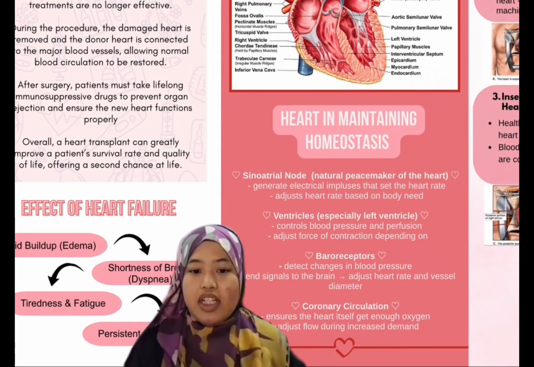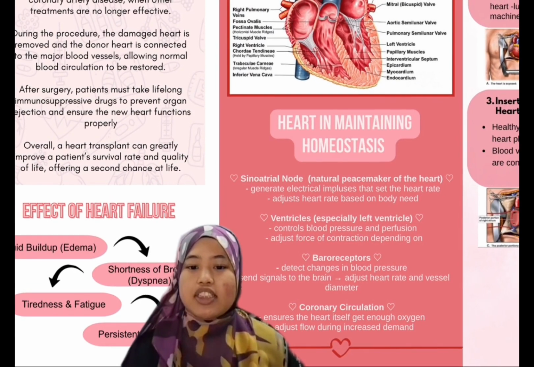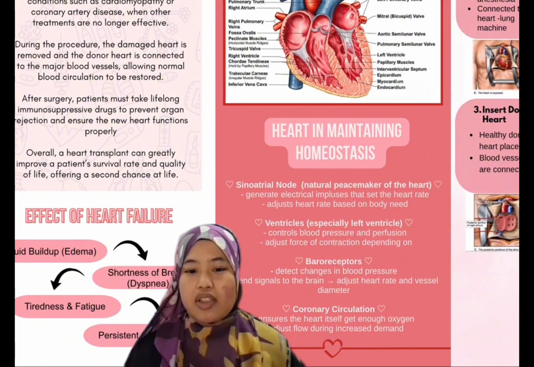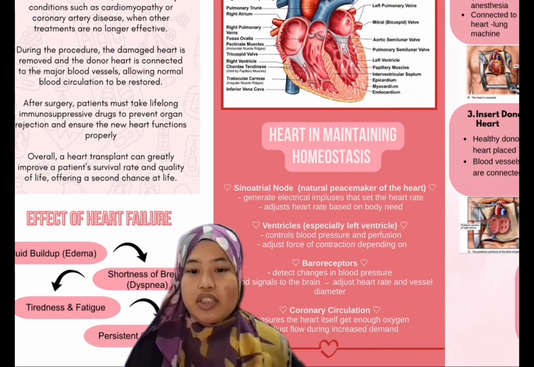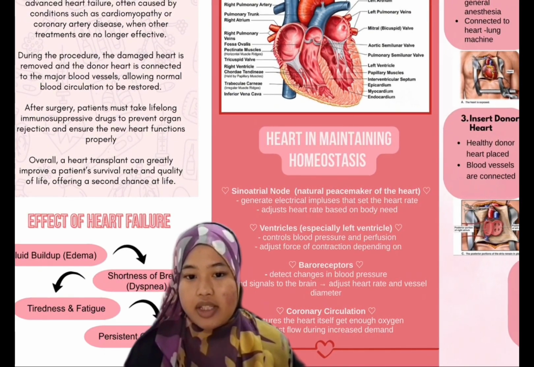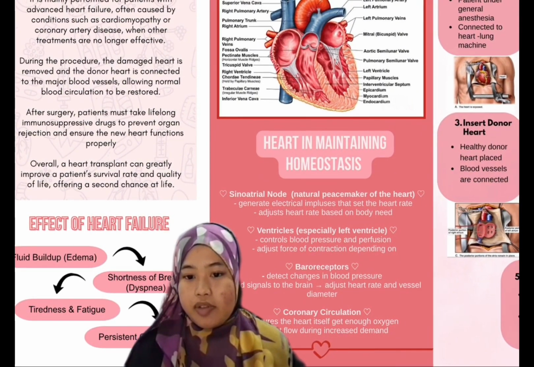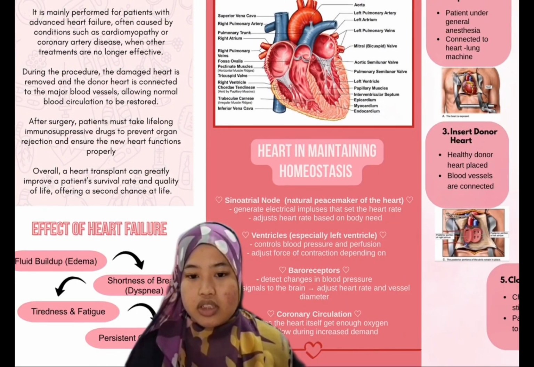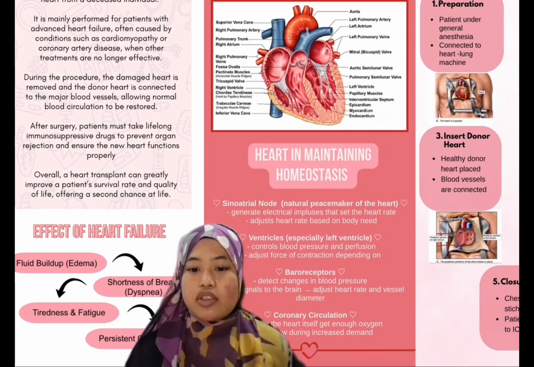Second, the valves. Homeostasis requires efficiency. The valves, tricuspid, aortic, and pulmonary, ensure unidirectional flow. This prevents backflow, making the systemic circulation energy efficient and consistent.